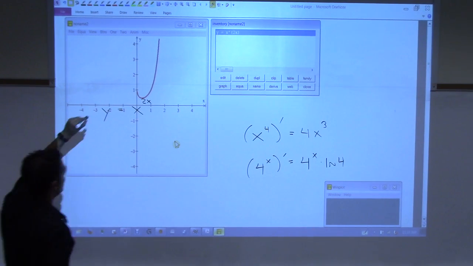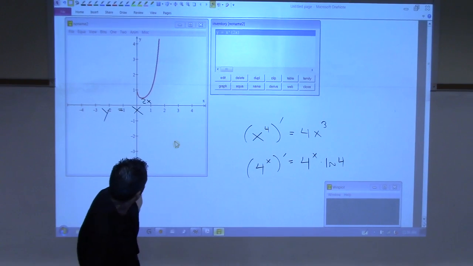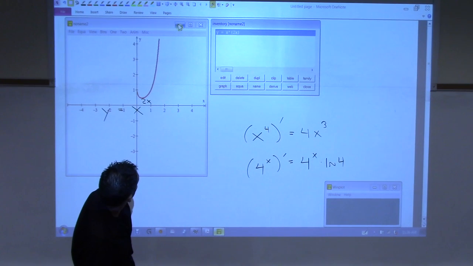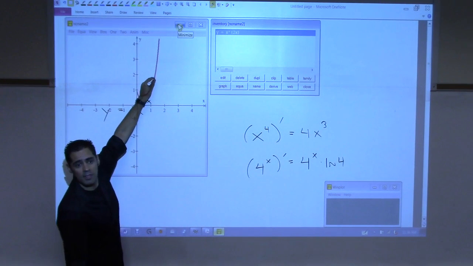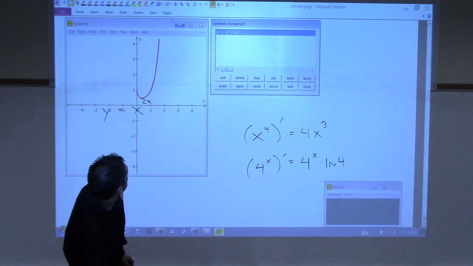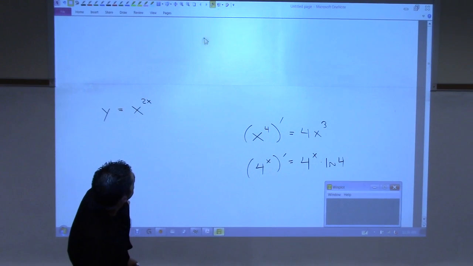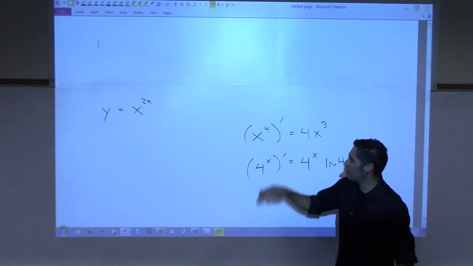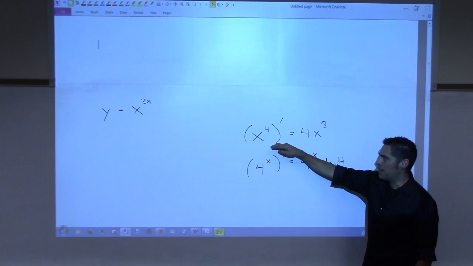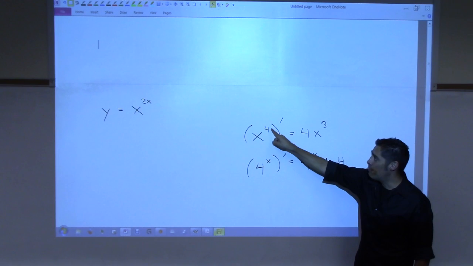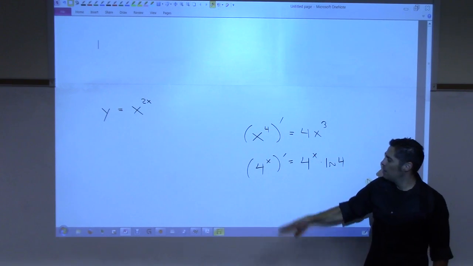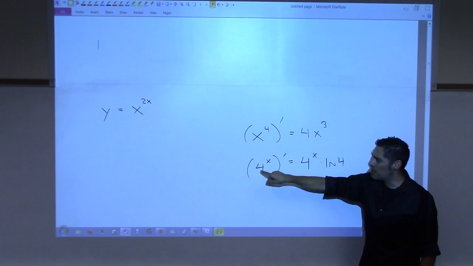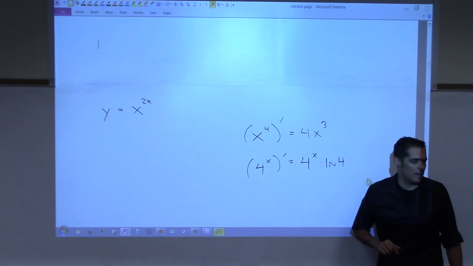It's kind of like a J. So there definitely are derivatives over here. So we should be able to talk about the derivative. But we can't deal with it. We can't use this method. We cannot do it because this requires that to be a number. 2x is not a number. Can't do it this way because this requires the base to be fixed. The base there is not fixed, right?